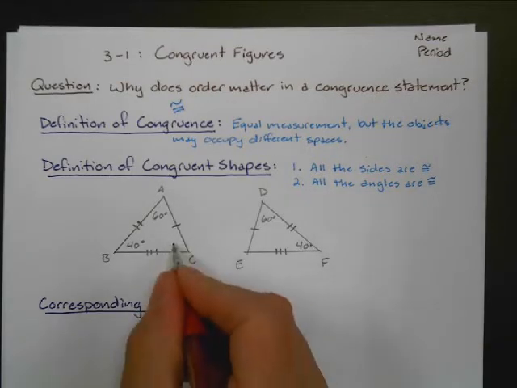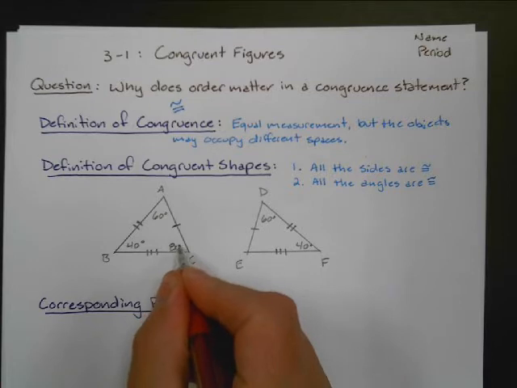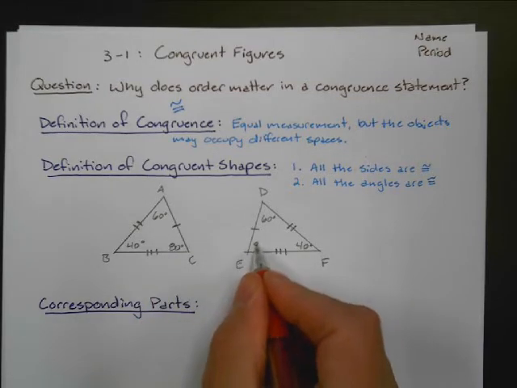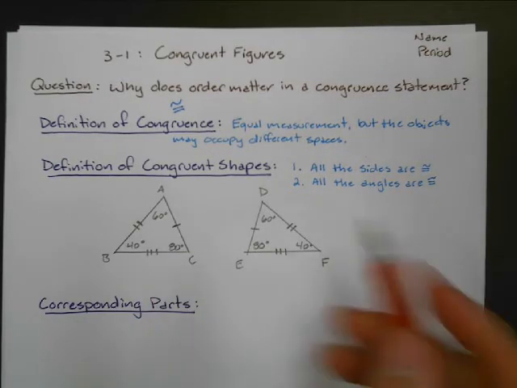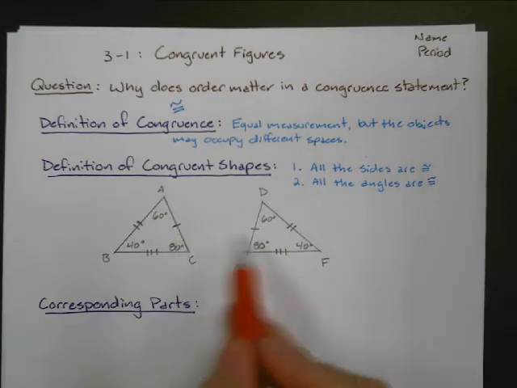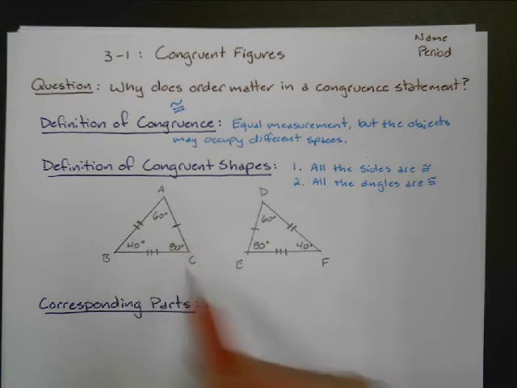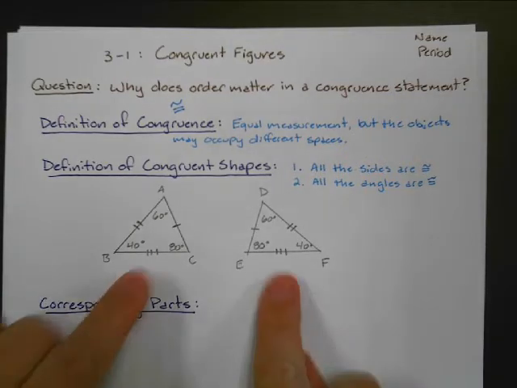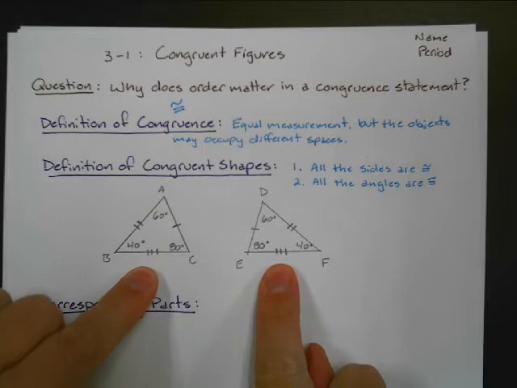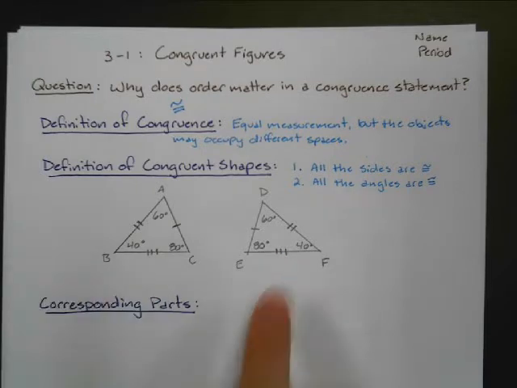So I'm going to say that this one is 80, and this is 80. Now this is the definition of a congruent shape because all three sides are matching up and all three angles are matching up. We can now say that those two shapes are congruent shapes. They're not equal to each other because they are occupying two different spaces, but they are congruent to each other.